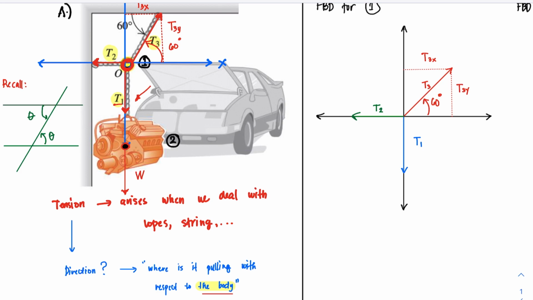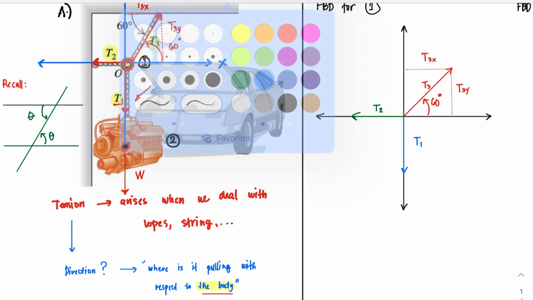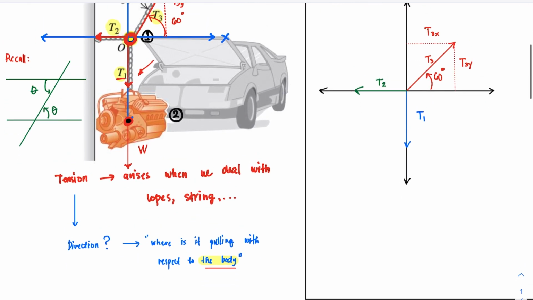Now, the body changes now in the sense that we are no longer considering the ring but the engine. So you know that there is tension 1 because the engine is connected to the chain, which is denoted by T1, but you have to ask the question, where is the string pulling with respect to the body now? In this case, the body is the engine. Now, clearly, T1 is pulling your body, which is the engine, upward.